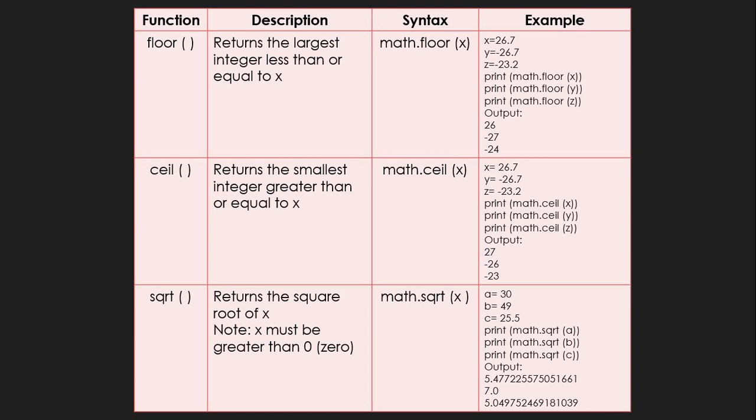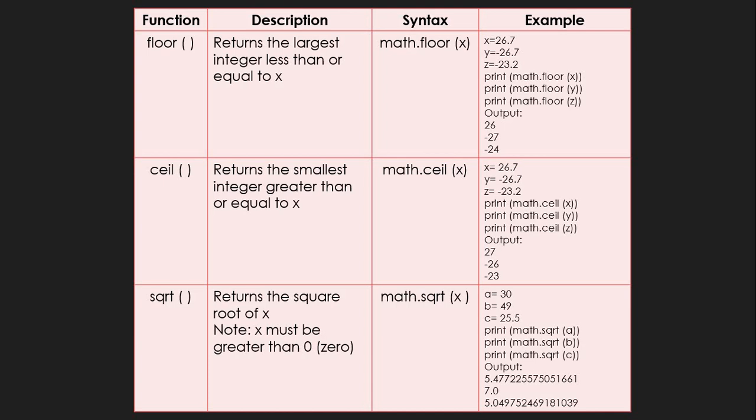If you take the first value x, 26.7, the largest integer less than x is 26. Now if you say minus 26.7, the largest integer less than minus 26.7 is minus 27. And if you take the third one, minus 23.2, the largest integer less than the value of z is minus 24.